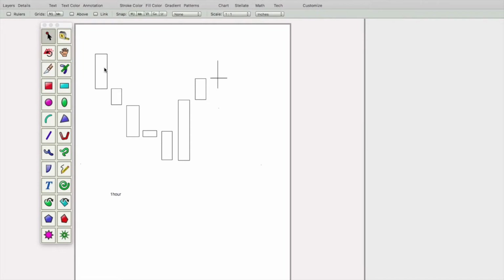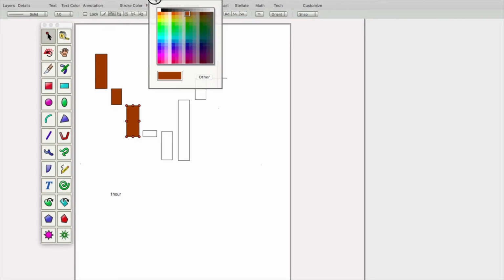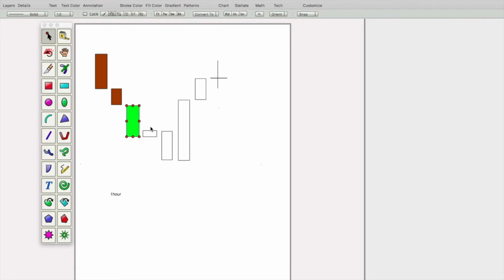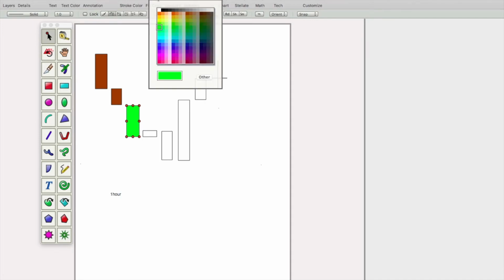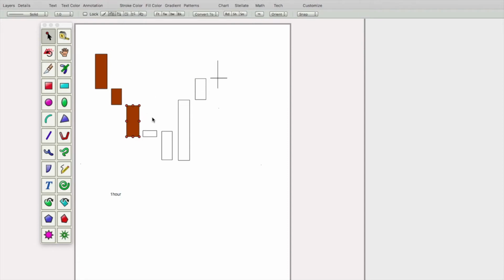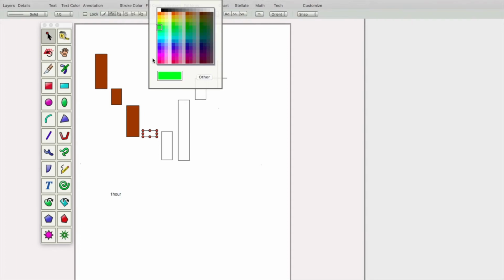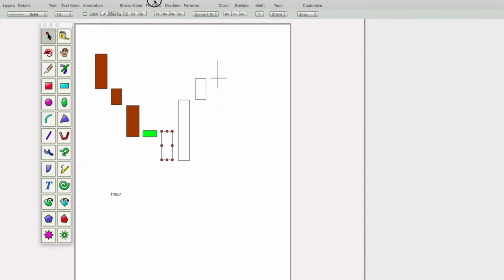So let's give these candles some color. Red, red, red. No, this one needs to stay red. There you go. This one, let's do this one green. I'm getting the hang of this. Look at that.